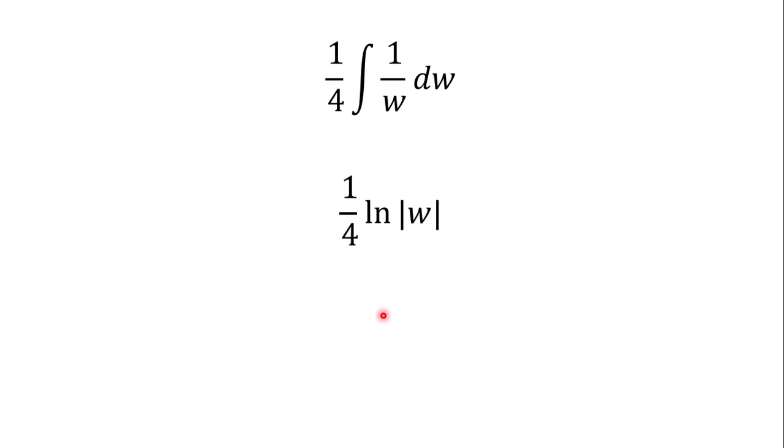But W is equal to u squared plus 2u plus 2. So we are going to replace W with this one.